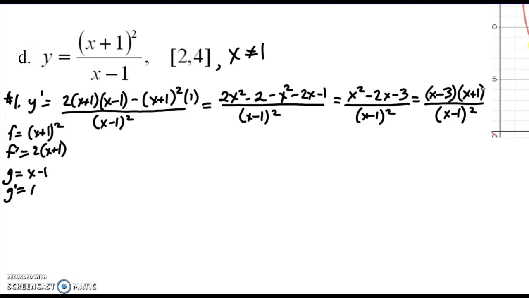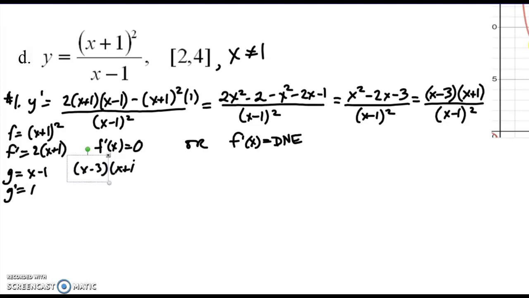Now we know the critical numbers come from wherever the derivative is equal to 0, or where the derivative does not exist. Okay, so where the derivative is equal to 0, well, here's the derivative. We can probably look at it and see the zeros.